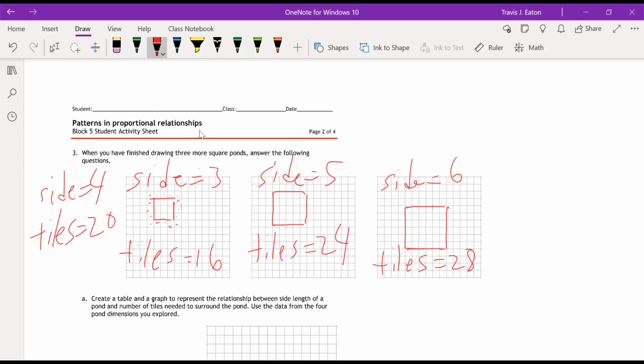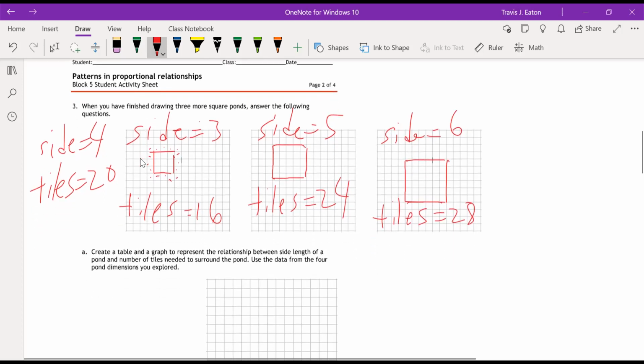Now that we've drawn these 3 square ponds and the tiles, because remember, the tiles have to go all the way around each of these ponds. So how many squares of tile would it take?